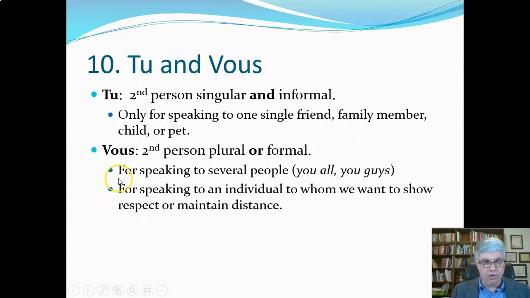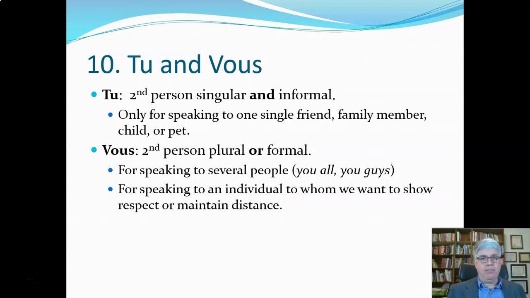That's the plural. If I was speaking to my wife, I would use the second person singular because there's just one of her. But also, we use vous not just when we're talking to several people in a group, the vous plural. We use it for an individual to whom we want to show respect or maintain distance.